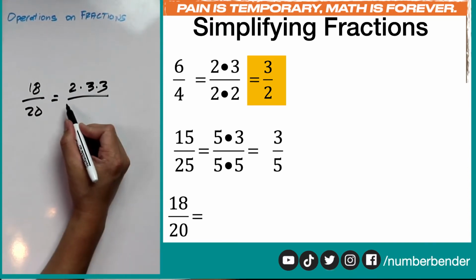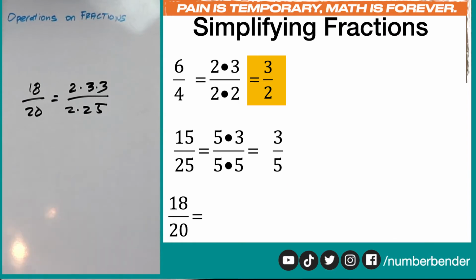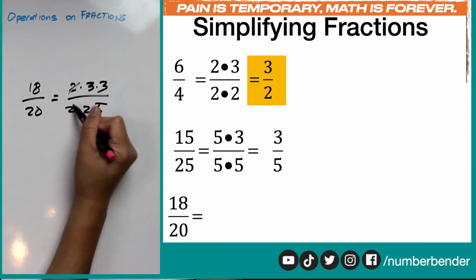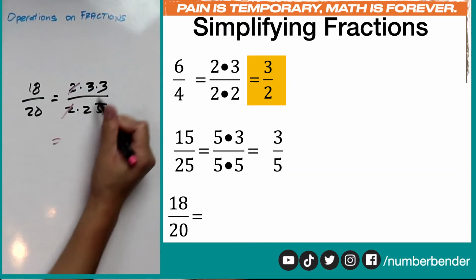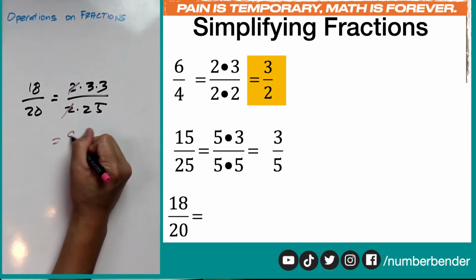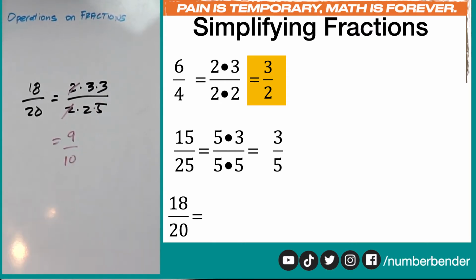And for 20, we have 4 times 5. 4 is not prime, so it's 2 times 2 and 5. By doing so, we'll be able to cancel out the common terms. We are left with 3 times 3, which is 9, and 2 times 5, which is 10. So 18 over 20 will give us 9 over 10 if we simplify them.